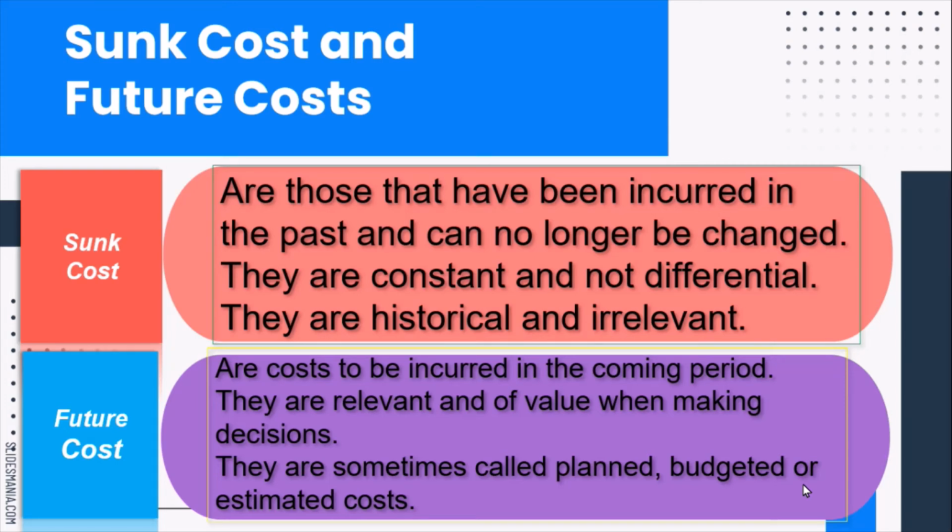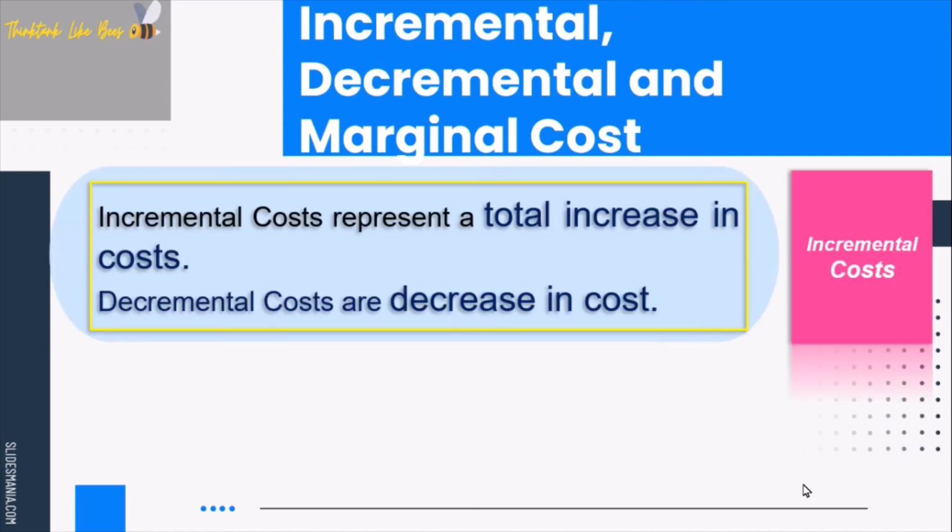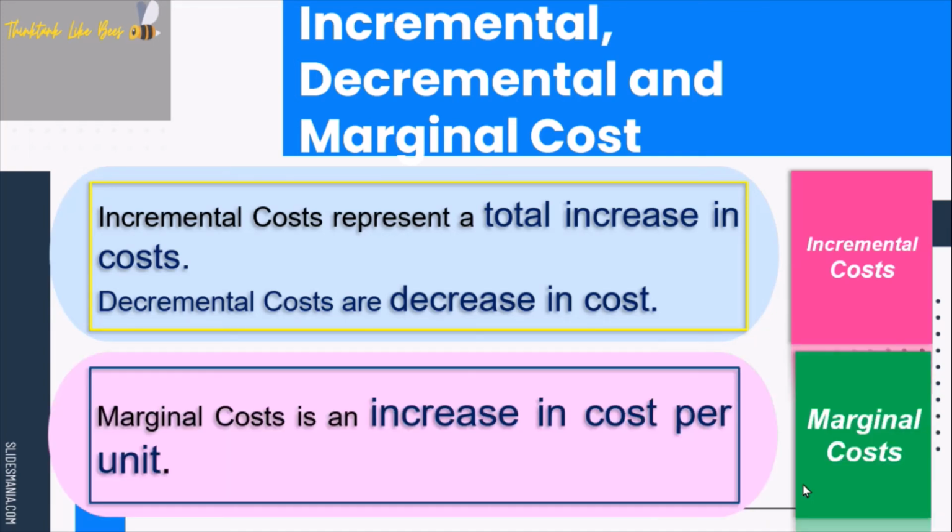They are sometimes called planned, budgeted, or estimated cost. Incremental, decremental, and marginal cost. So, an incremental cost represents a total increase in cost, while decremental costs are decrease in cost. Marginal cost is an increase in cost per unit.